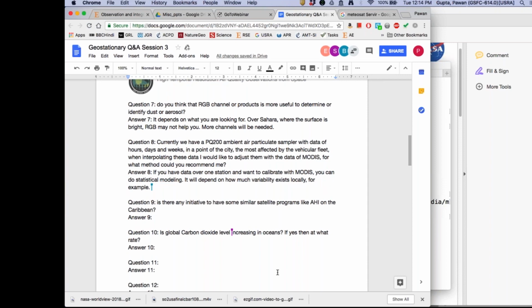Your statistical modeling may provide good results at a local station, but it also depends on many other factors: how much variability there is within the city limits, what kind of topography and surfaces you have, and whether the city is vegetated enough. So there are a lot of factors which come into play. You will have to do some statistical modeling in order to understand the quality which you can get from the satellite.